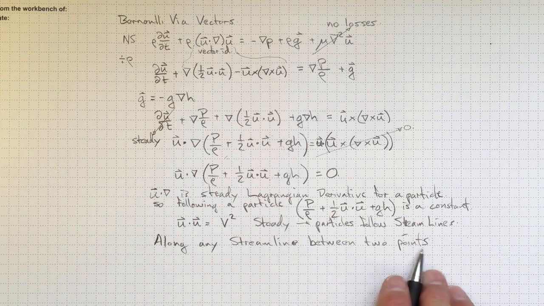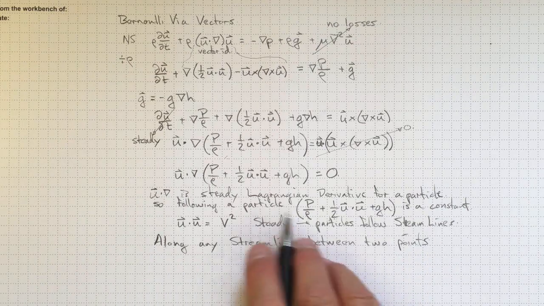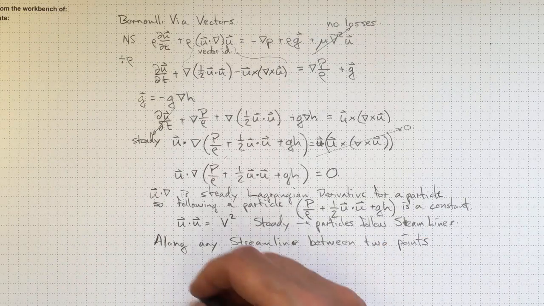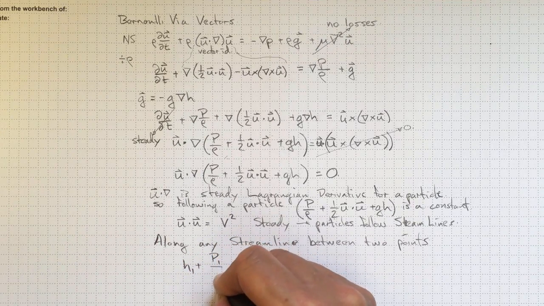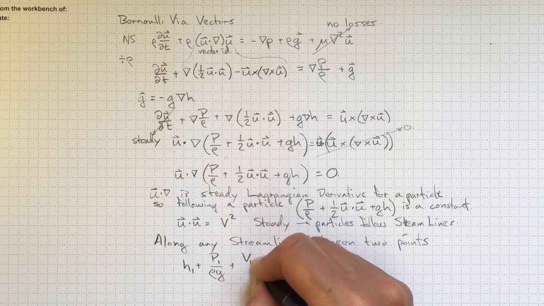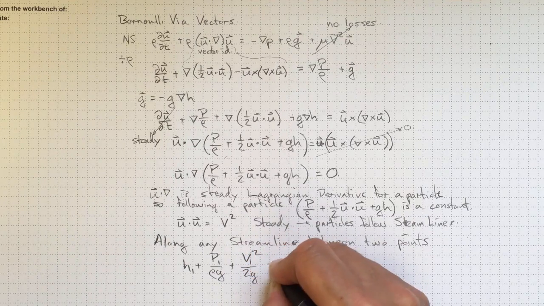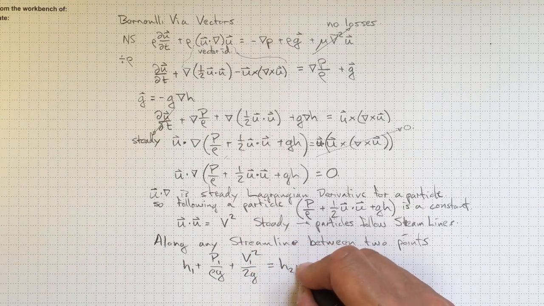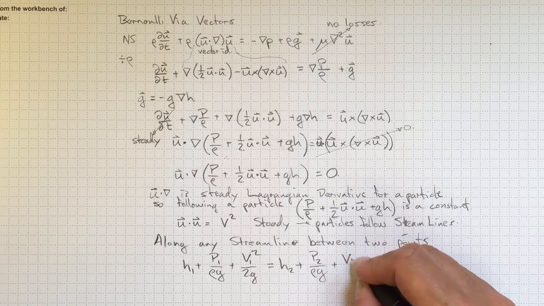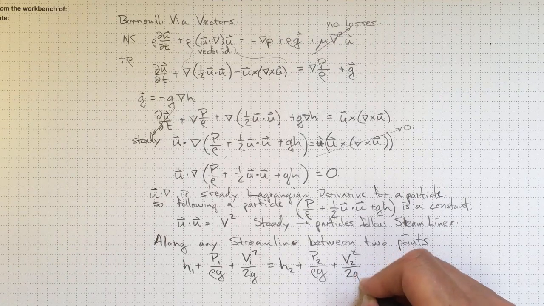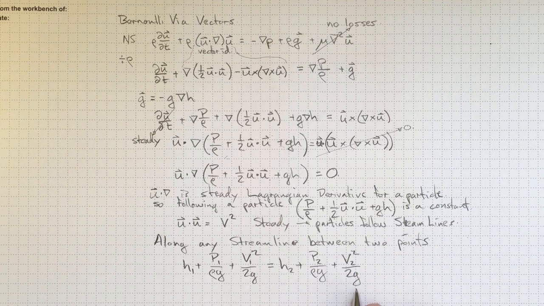Thus, along any streamline between 2 points, this quantity will be a constant. That means that h1 plus p1 over rho g plus v1 squared over 2g will be equal to h2 plus p2 over rho g plus v2 squared over 2g. And that's our Bernoulli equation.